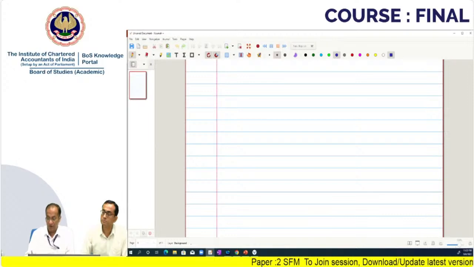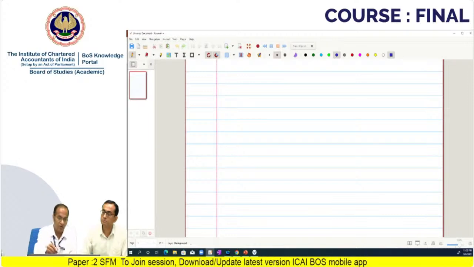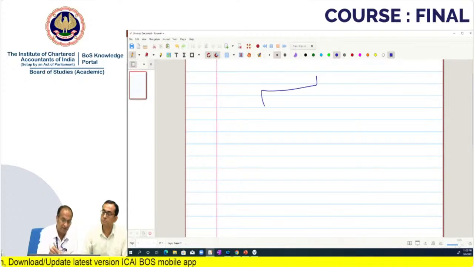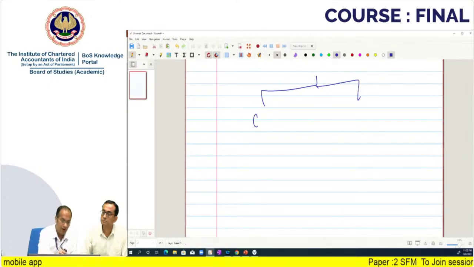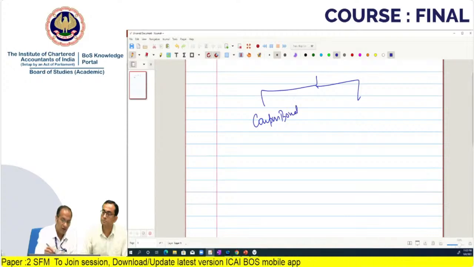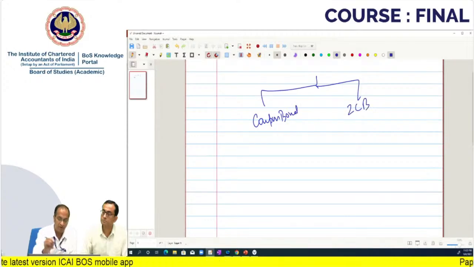When we talk about bonds, there are generally two types of bonds covered. One is the coupon bond, another is the zero coupon bond.